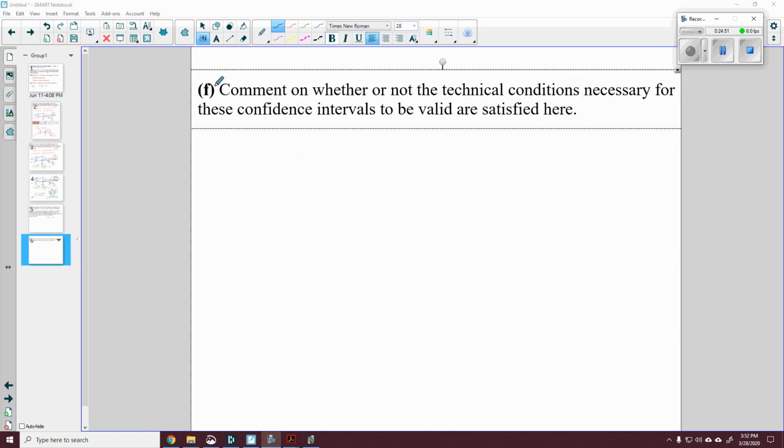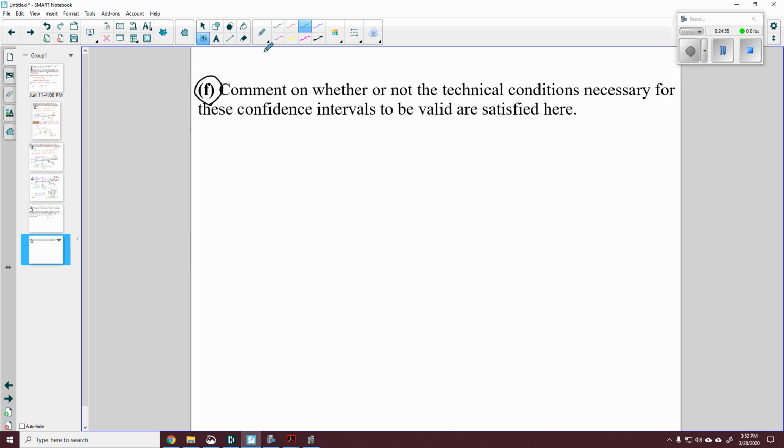I'll just point out finally that the last part of this problem said, comment on whether or not the technical conditions necessary for these confidence intervals to be valid are satisfied. And that's really where we were checking the central limit theorem, whether n times p hat is greater than 10 and n times 1 minus p hat is greater than 10.